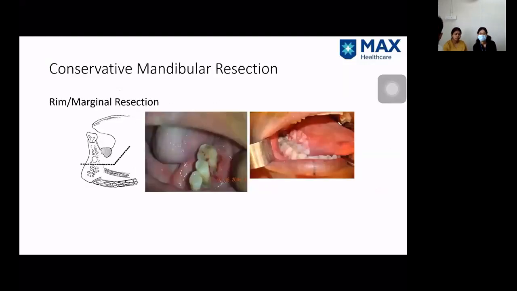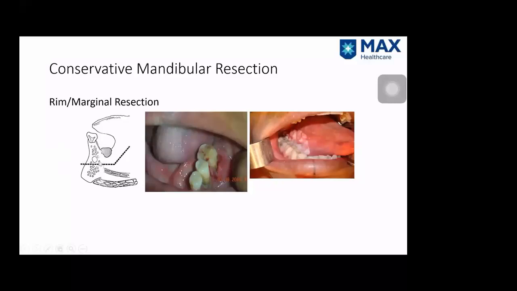Now there are various types of these marginal mandibulectomies. You can do what I would call conservative mandibular dissections. They are of various types. First is of course marginal mandibulectomy or a rim mandibulectomy, where we are taking out a rim or a margin of the mandible.